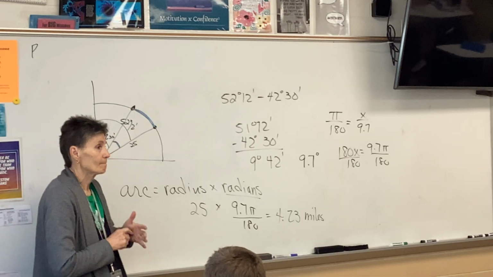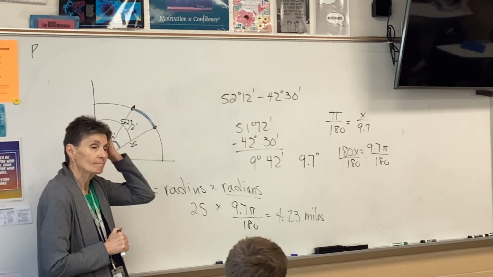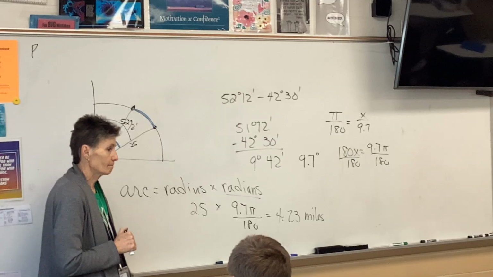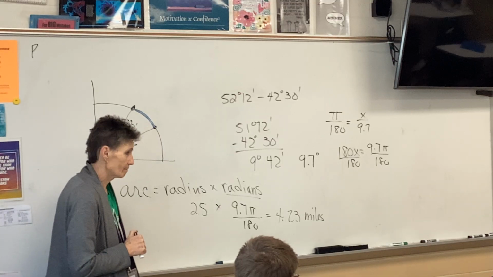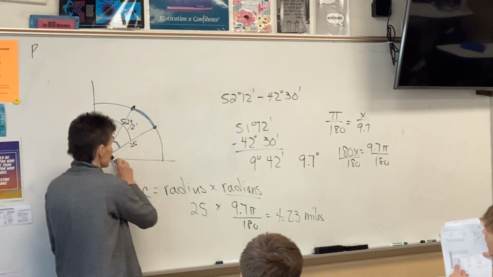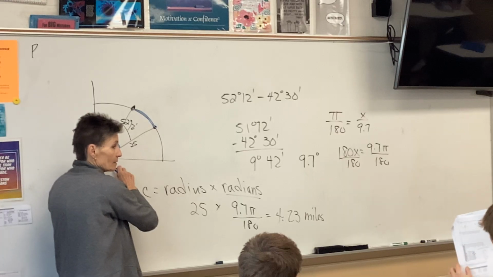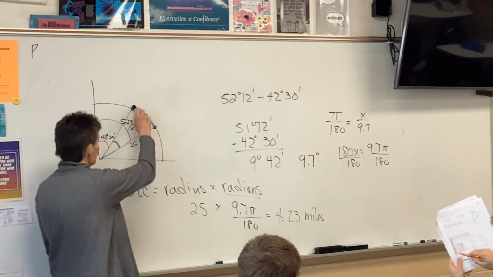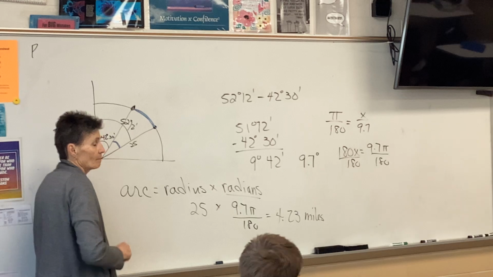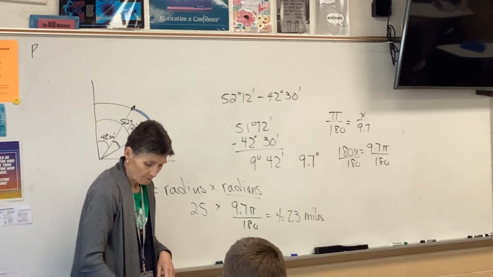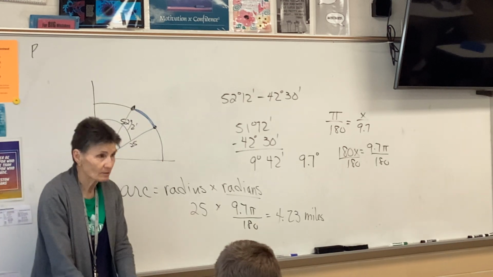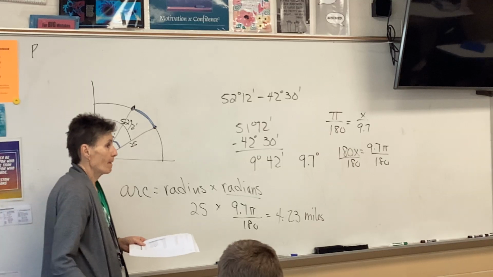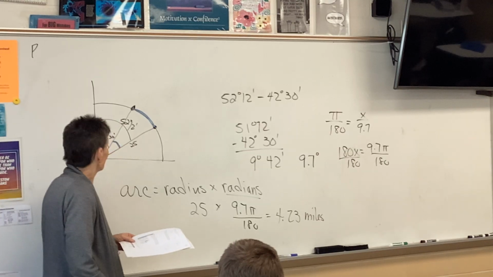So wait, let's do the 25 right here. No, 25 is the radius. That's how far they've gone. So these are all 25. Because that's the radius out. Yeah, the ships have sailed 25. Even though it looks bigger on the sides, it's still 25.